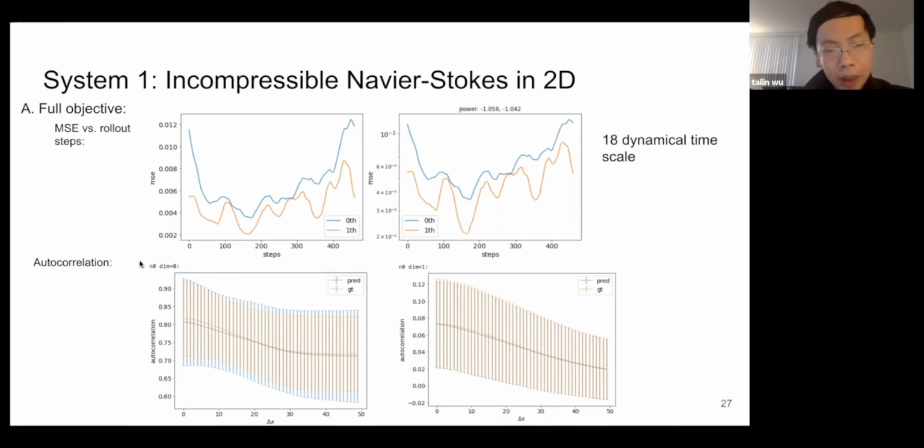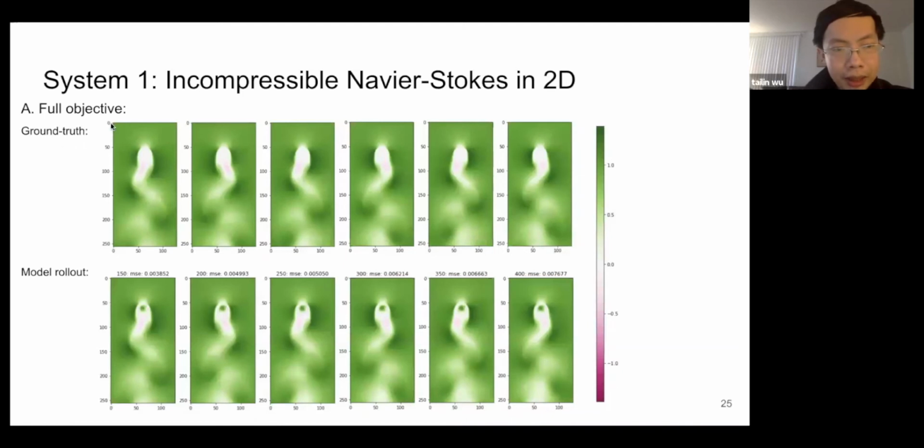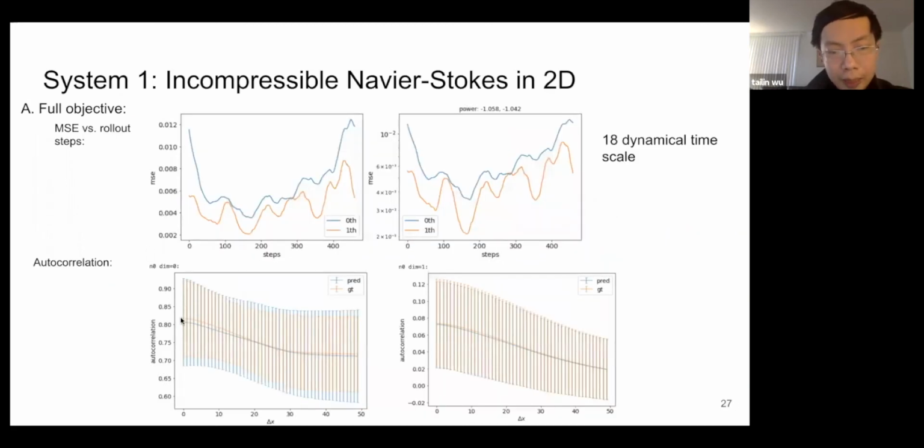Also here, I plot the autocorrelation along the x direction. Basically, I take 2 points within some distance in x, and then I compute the autocorrelation between those points across all the different testing data. Oh, one more thing.